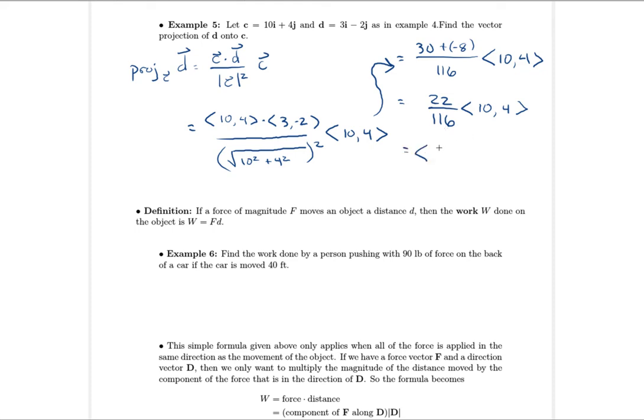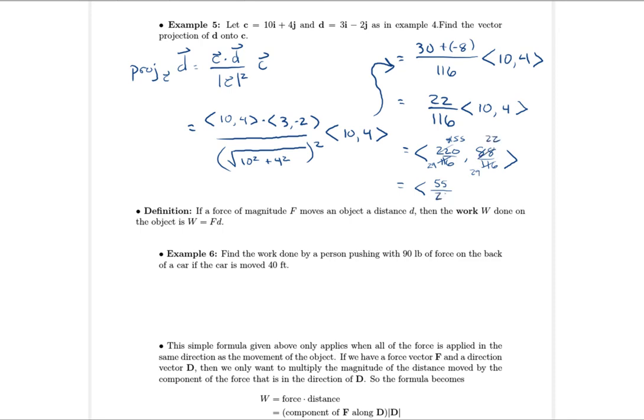And then we can go ahead and distribute that through. So it's 220 over 116, and then 88 over 116. But I can do a little bit of simplifying here. And so when I simplify, this is going to give me 55, when I divide by 4. And here I get 29 and 22.